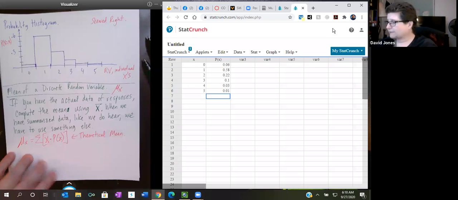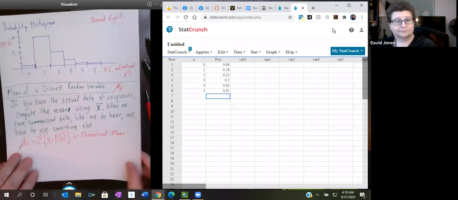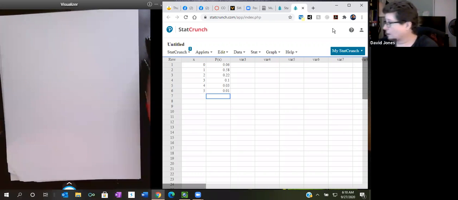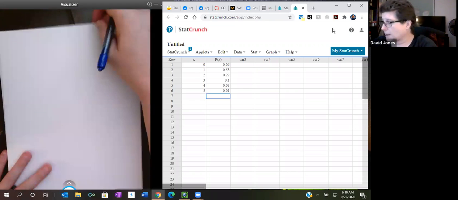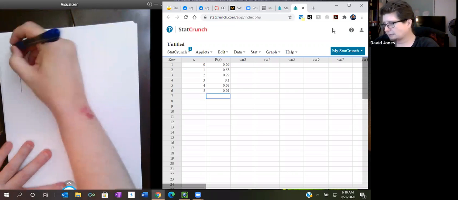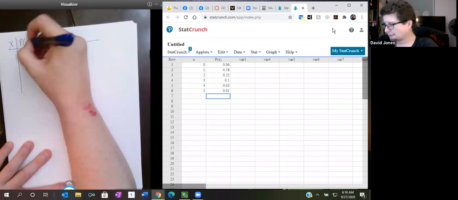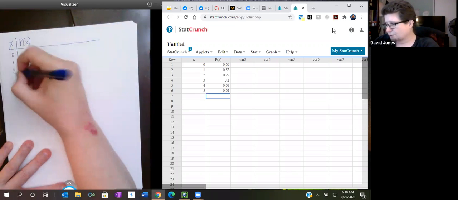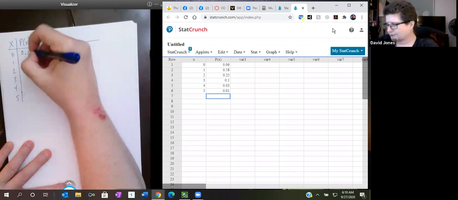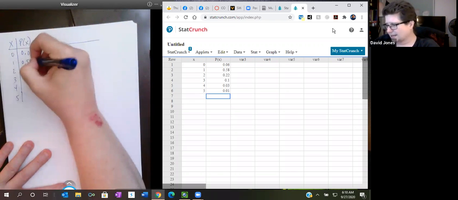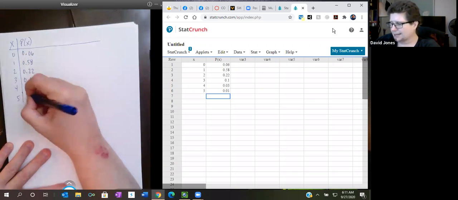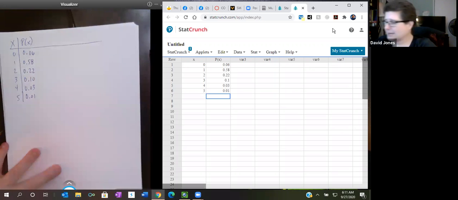Let's go back to our Netflix problem and take a look at doing this by hand. So I had X, I had P of X: 0, 1, 2, 3, 4, and 5. This was 0.06, 0.58, 0.22, 0.10, 0.03, and 0.01. That's the table we had before.